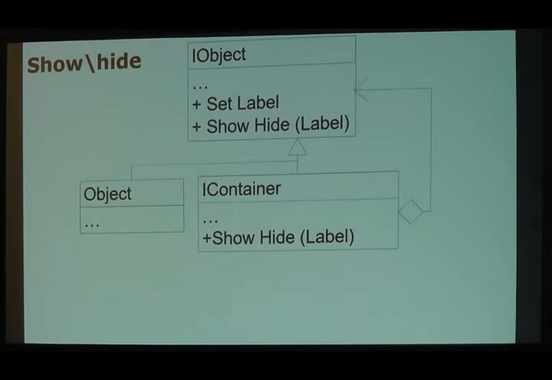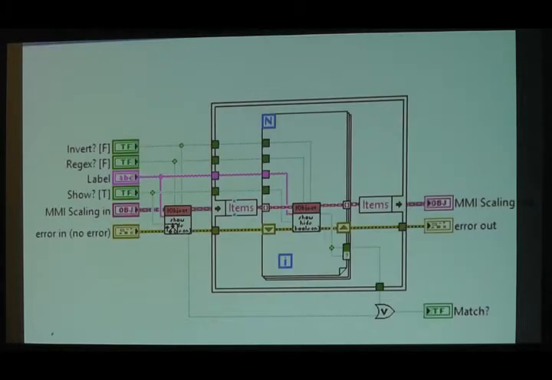The container is a little bit more difficult than the object because the object is simply a match. But then the container actually has to go over all the children. And once you have this, basically it goes automatically over the entire hierarchy and shows or hides objects.